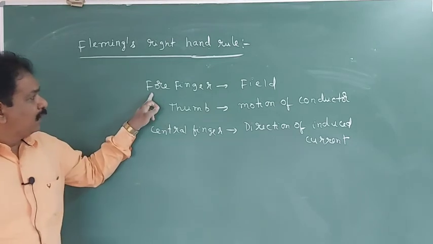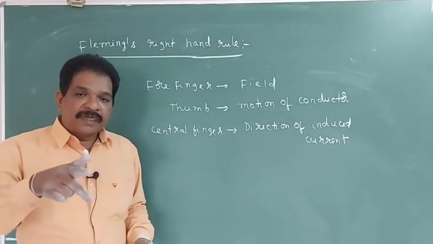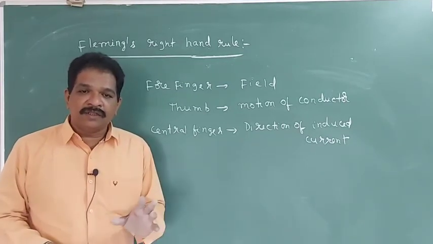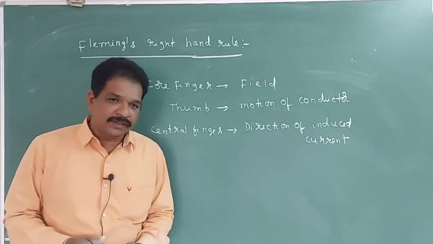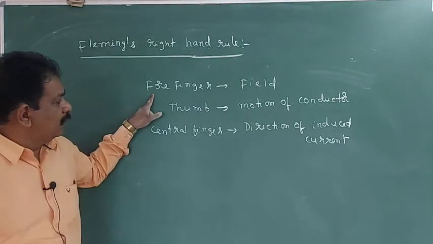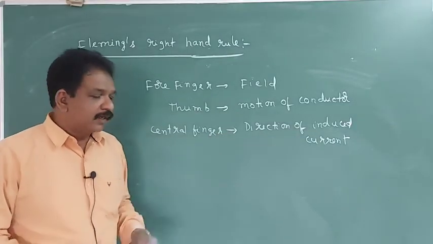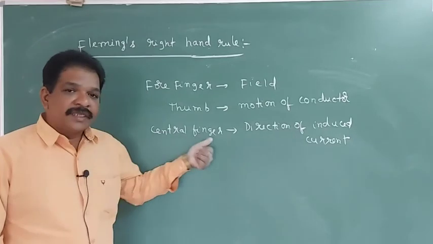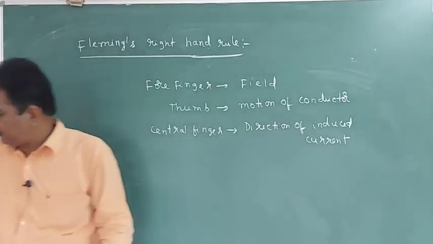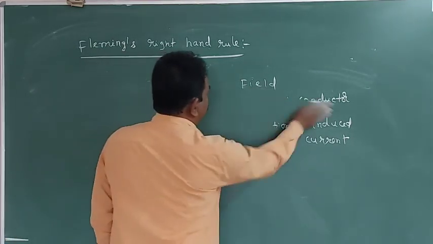So if you stretch the central finger, forefinger and thumb of your right hand in three mutually perpendicular directions, and the forefinger indicates the field direction and the thumb indicates the motion of the conductor, then the central finger will indicate the direction of induced current.